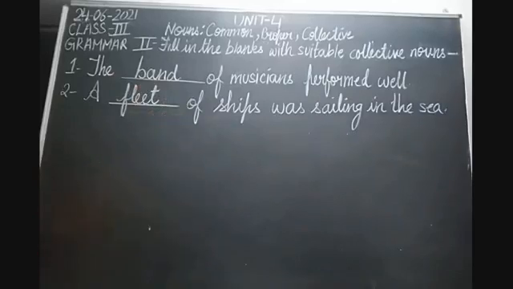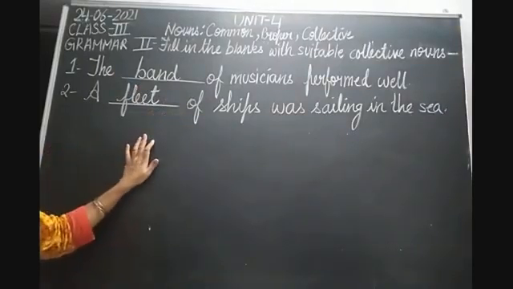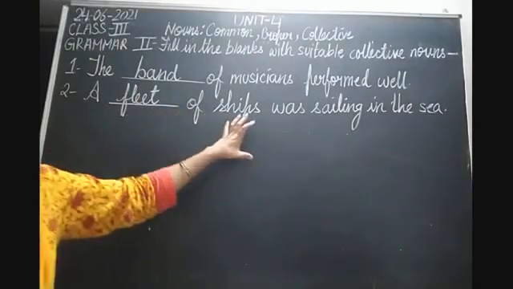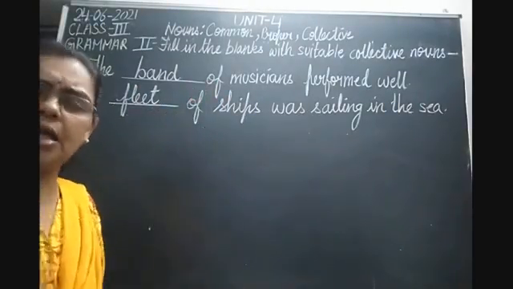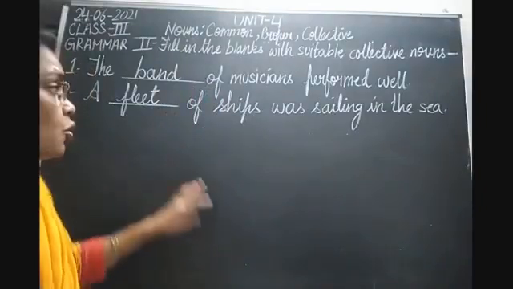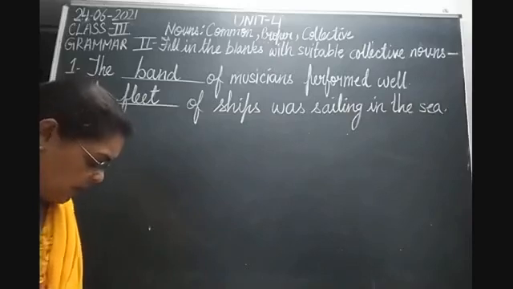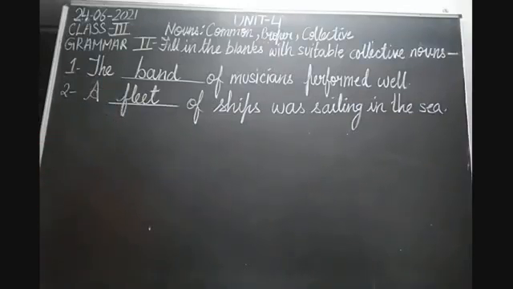F-L-E-E-T, फ्लीट. A fleet of ships was sailing in the sea, है ना? तो बहुत सारे पानी के जहाज जब एक साथ तैरते हैं, है ना, तो उनको क्या बोलते हैं? अ फ्लीट ऑफ शिप्स.